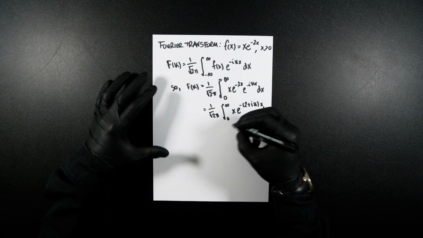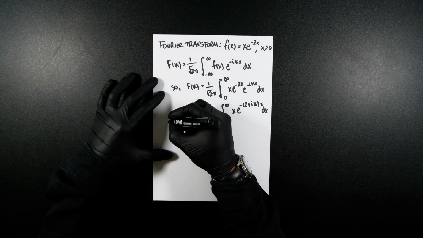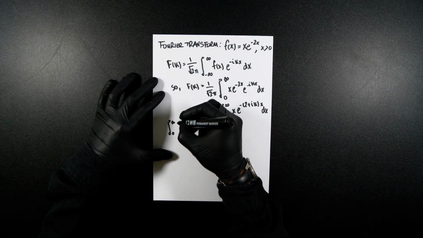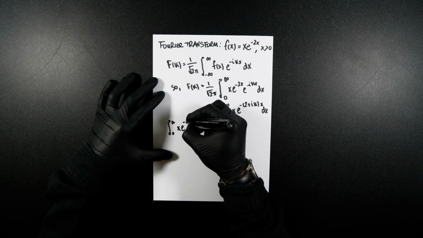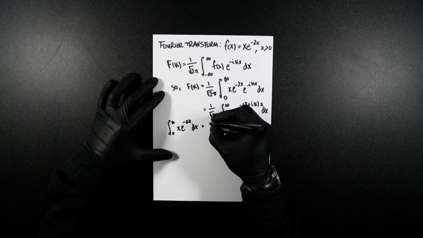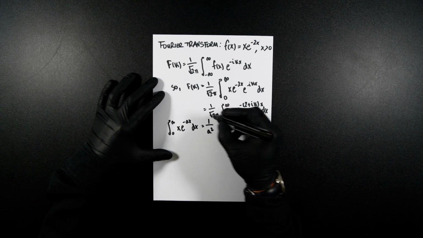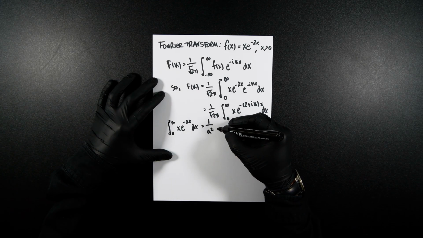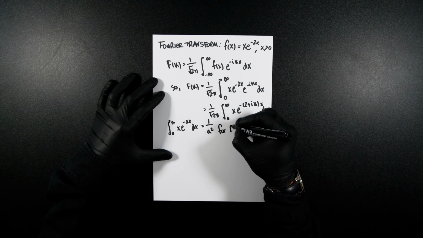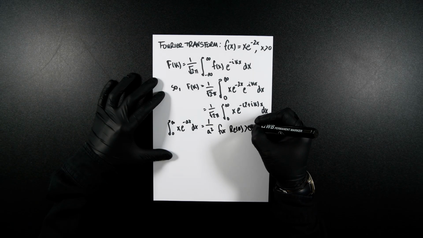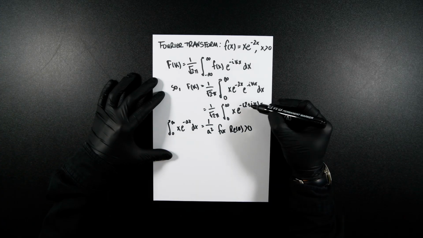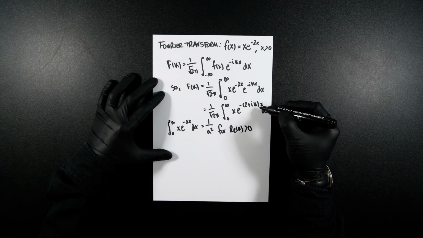So it's now just a standard integral. The standard integral from 0 to infinity of x e to the minus ax dx equals 1 over a squared. This is something that you need to remember, for the real part of a greater than 0. In our situation, a is just 2 plus ik.